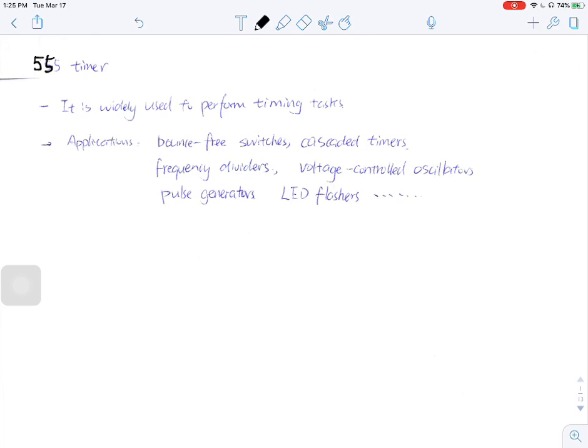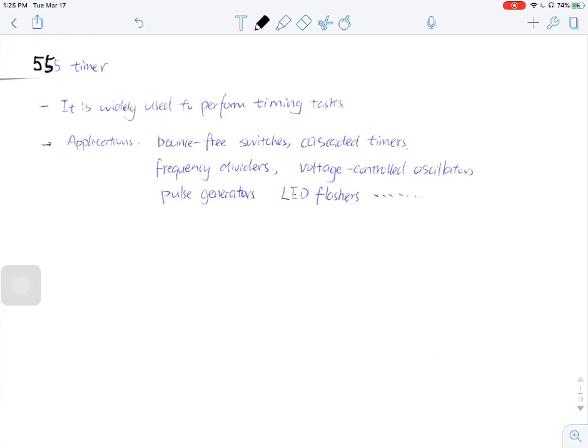For example, during your project proposals, I heard a lot of you say you want to light up an LED after a few seconds, a few minutes, or a few hours as an indicator for something in your project. If you are trying to get this type of application done, the 555 timer is going to be a very useful component for your design.